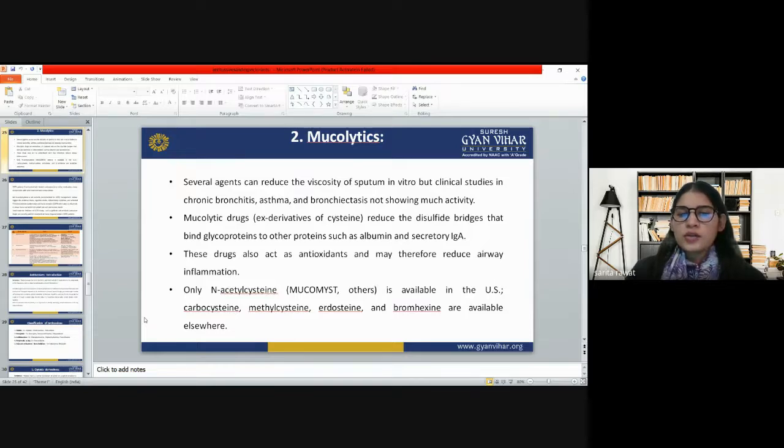These drugs also act as antioxidants and may therefore reduce airway inflammation. Only acetylcysteine, brand name Mucomyst, is available in the US. Carbocisteine, methylcysteine, erdosteine, or bromhexine are available everywhere.